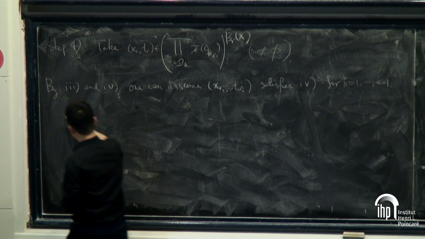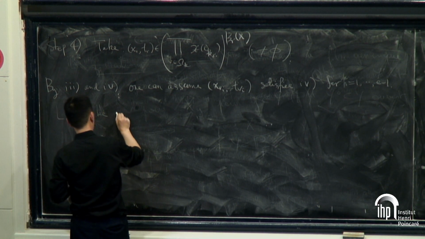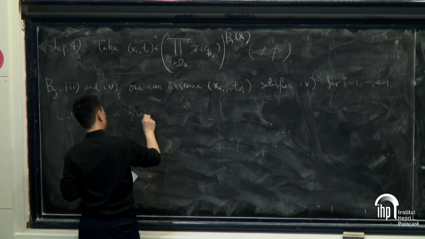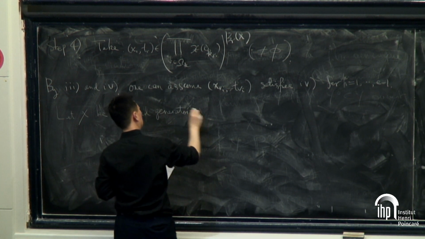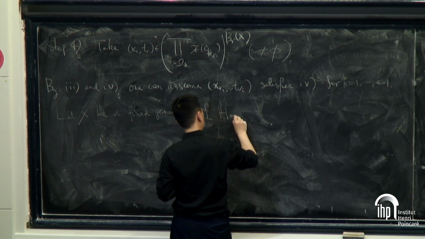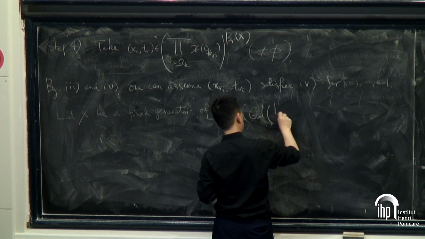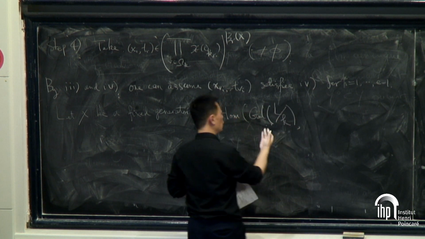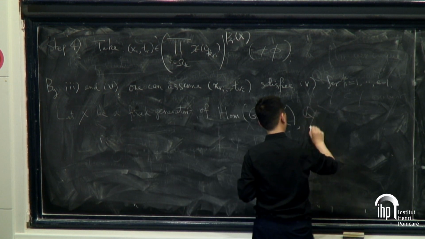Okay, then let chi be a fixed generator of the character group of the Galois group of L over K, which is assumed to be cyclic. So this character group is also cyclic.